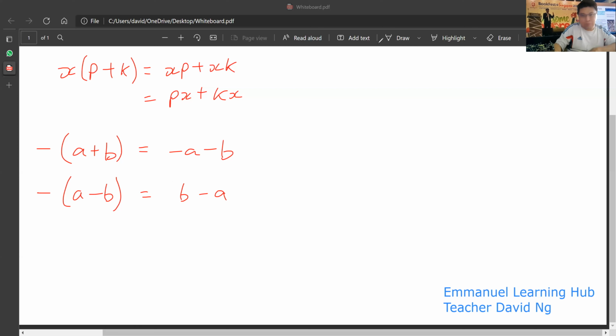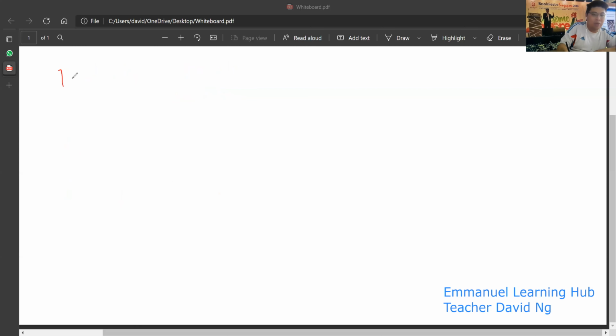Okay, so if you have 7 bracket x minus 4, you expand, that will become what?